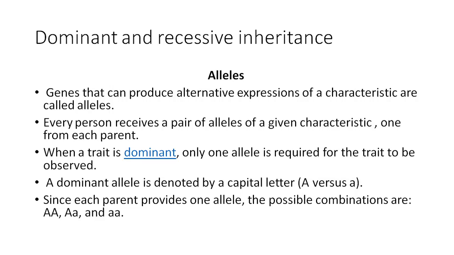During the 1860s, Gregor Mendel, an Austrian monk, laid the foundation for our understanding of patterns of inheritance. He crossbred pea plants that produced only yellow seeds with pea plants that produced only green seeds.